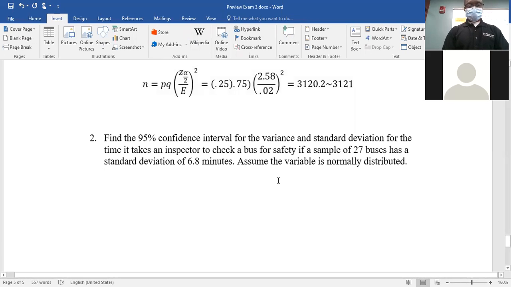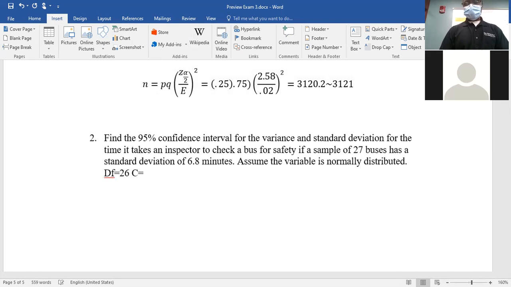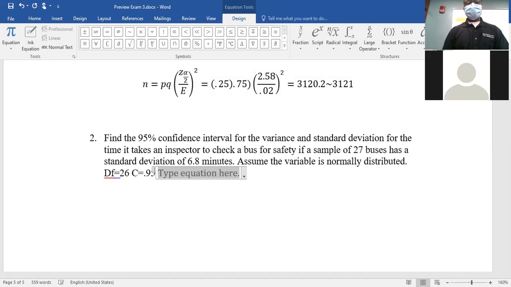What is the degree of freedom? 26. C equals to 0.95. So here we need alpha over 2 and 1 minus alpha over 2.